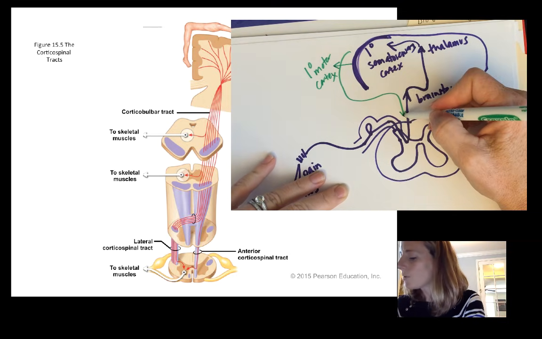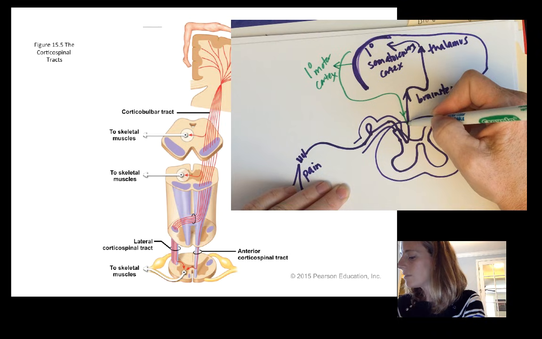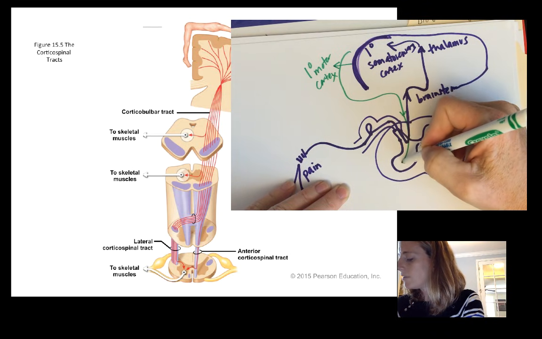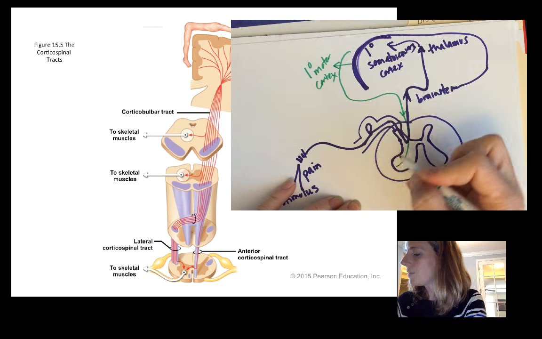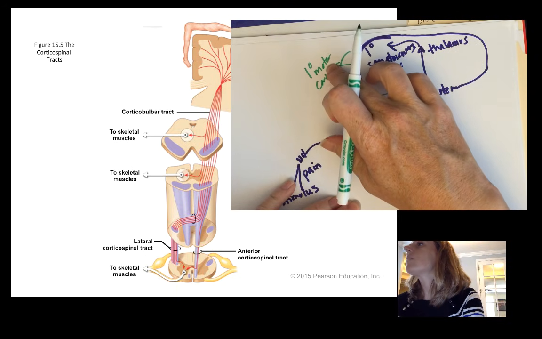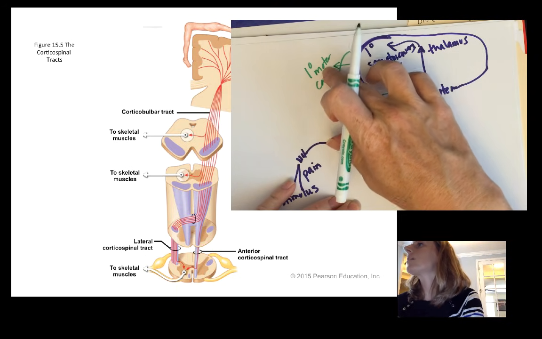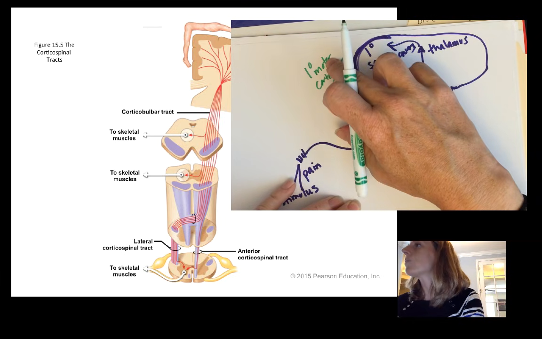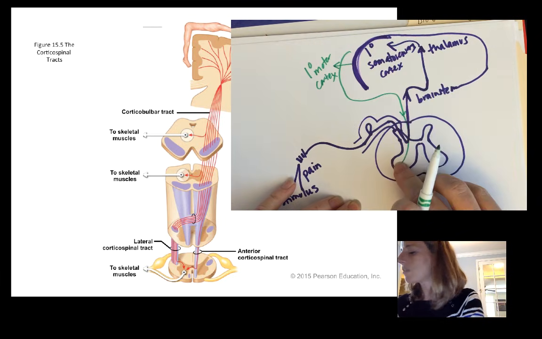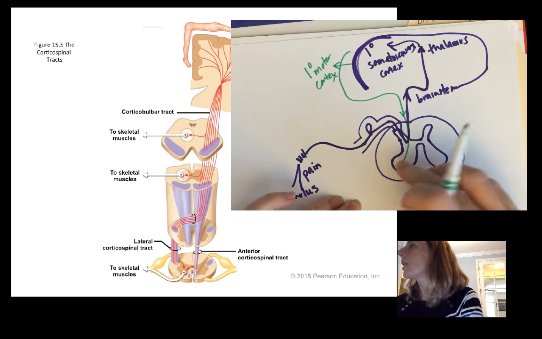They will cross over to the other side to control the opposite side of the body because it's contralateral control. So if this was the left side of the brain, it'd be controlling the right side of the body, and the right side of the brain would control the left side of the body.